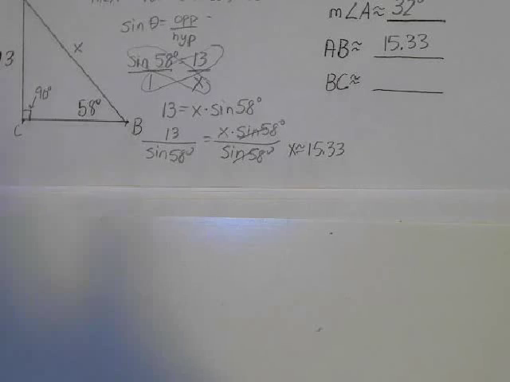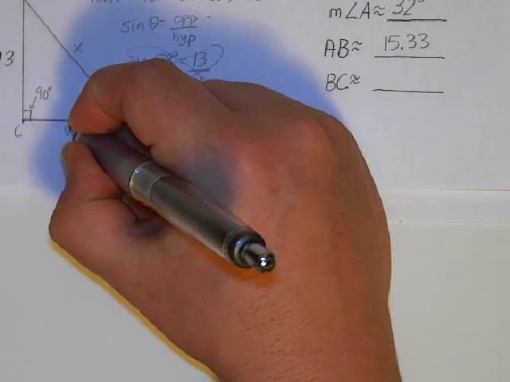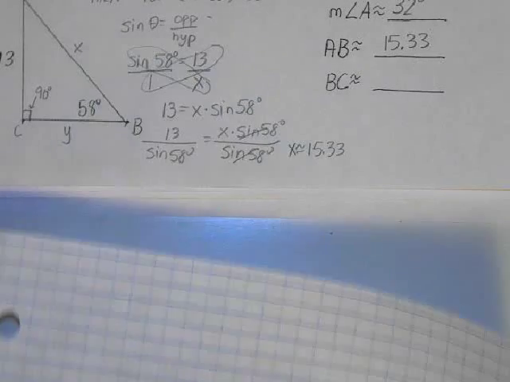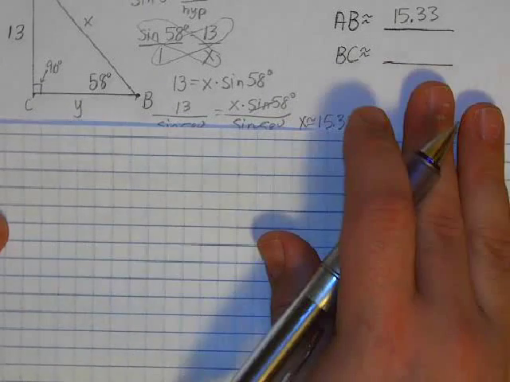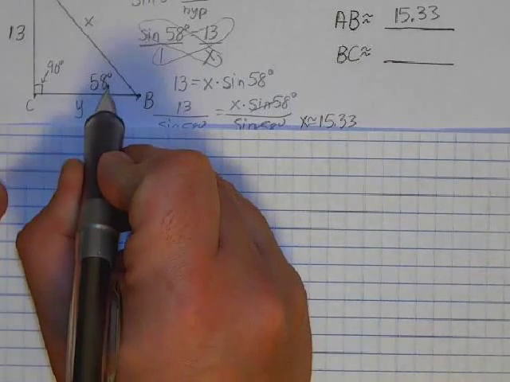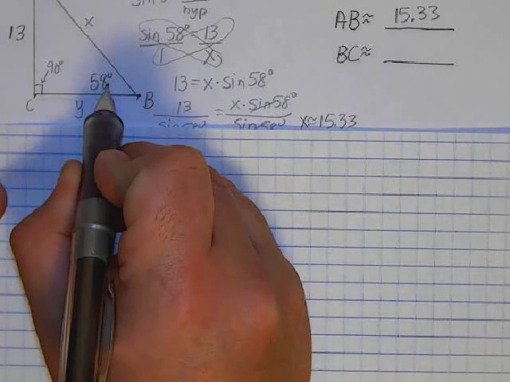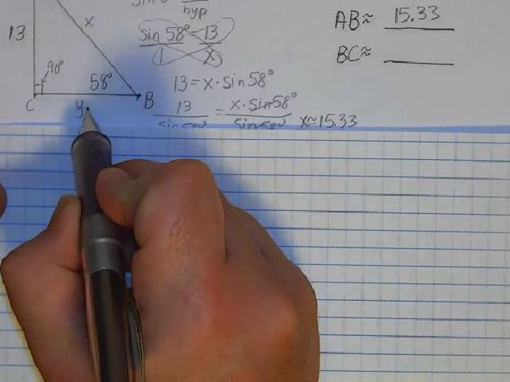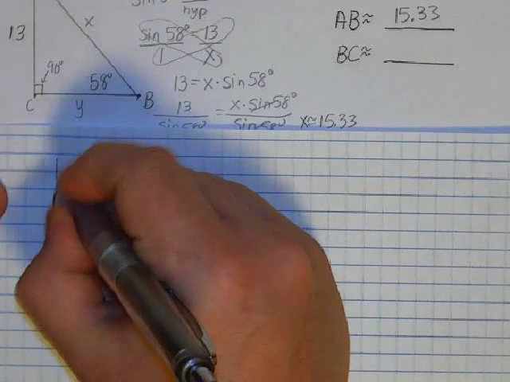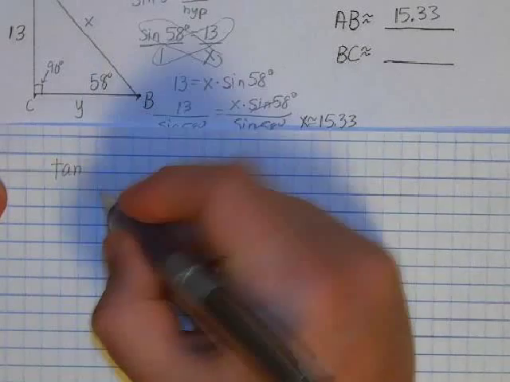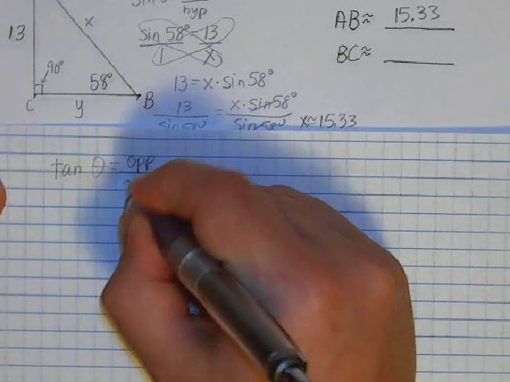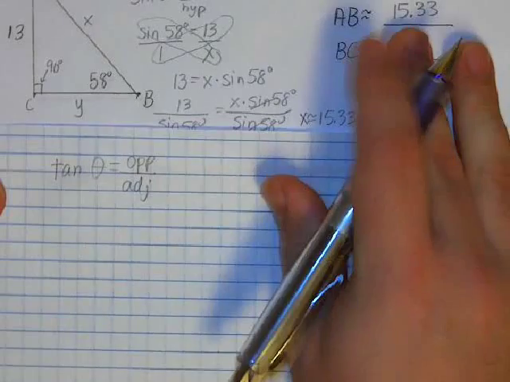Now for BC, I'm going to call that length Y. I'm going to do it down here on this graph paper. If I use the 58-degree angle again, I still know the opposite, but now I'm looking for the adjacent. Opposite and adjacent is tangent. Tangent of theta is opposite over adjacent.